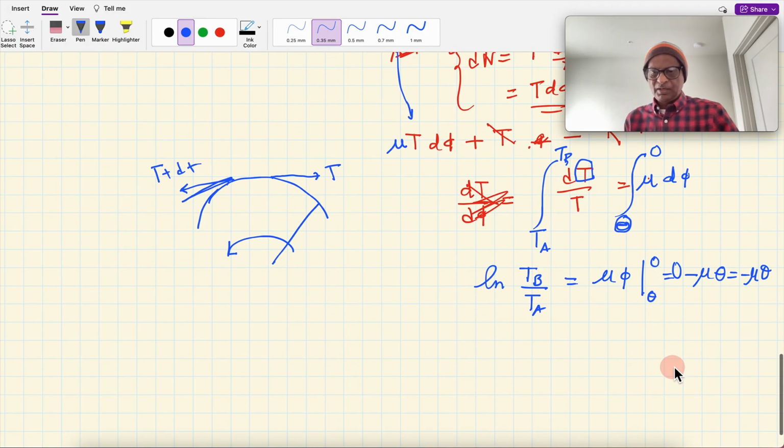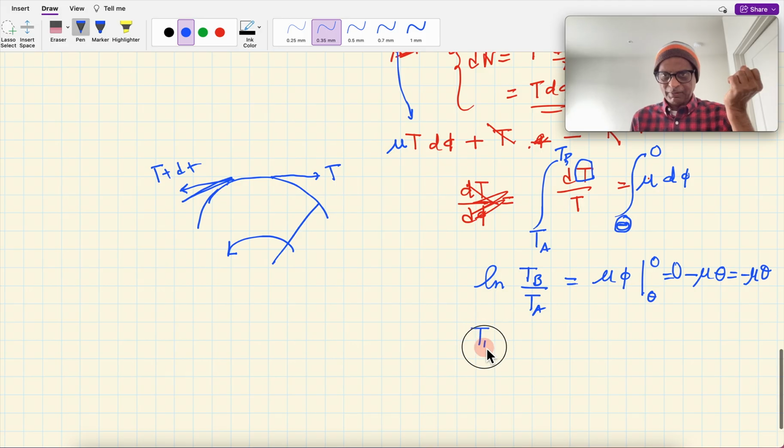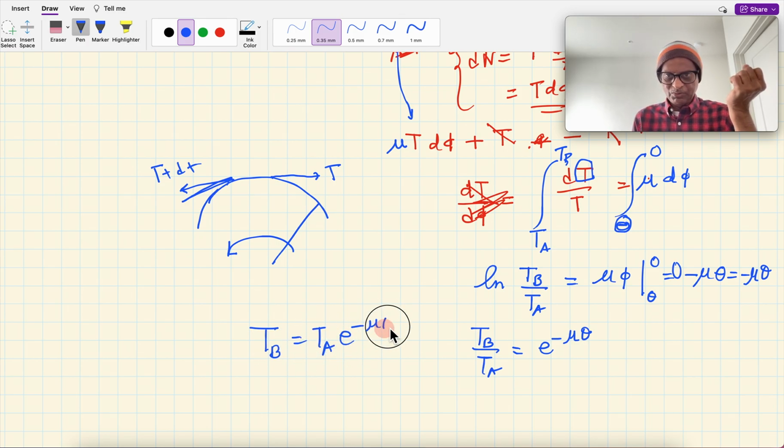Good. Then I exponentiate both sides. That's the way you do the logs, right? TB over TA equals e to the power minus μθ. And so this gives me TB equals TA e to the power minus μθ.